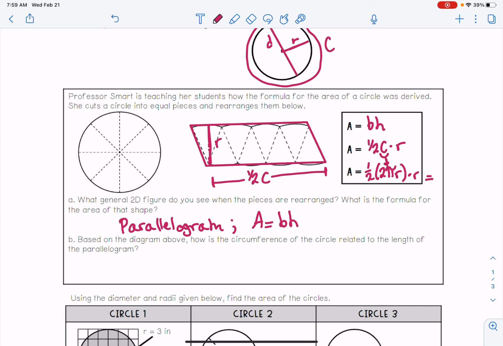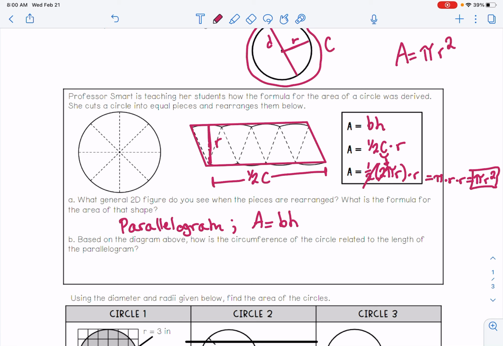So these cancel each other out, and I'm left with pi times r times r, and that gives me my final formula of pi r squared. Okay, so my formula for the area of a circle is area equals pi r squared.